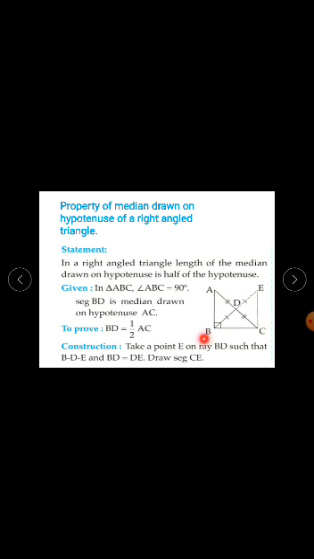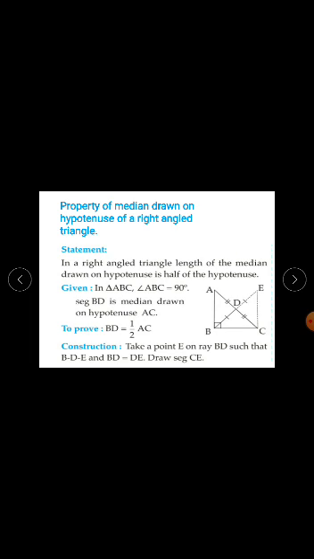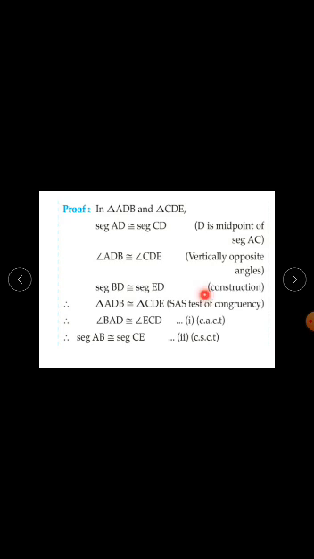Seg BD is congruent to seg ED, reason is construction. Therefore, triangle ADB is congruent to triangle CDE by SAS test of congruency.